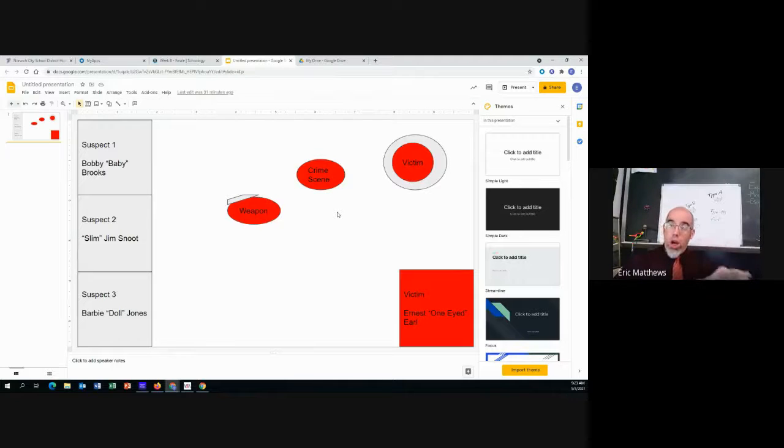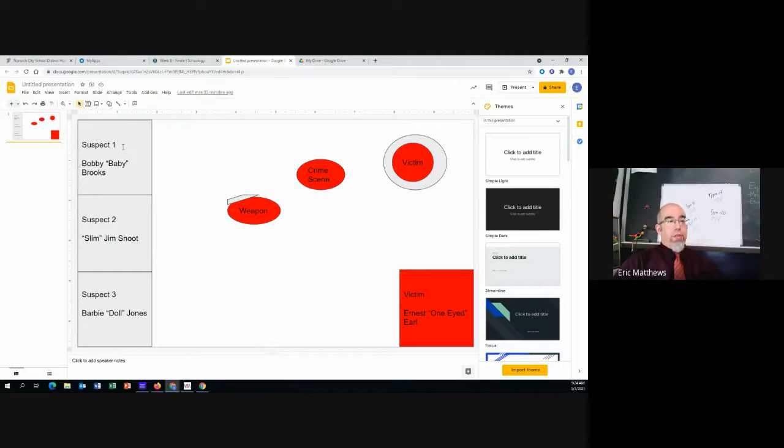Now, we don't know who these different bloods belong to. And that's what we want to find out. Because if they both belong to the victim, then we have no greater data. We have no greater ability to find out who's responsible. But if one of them belongs to one of the suspects, then we know they were at the crime scene. And now we can investigate further.